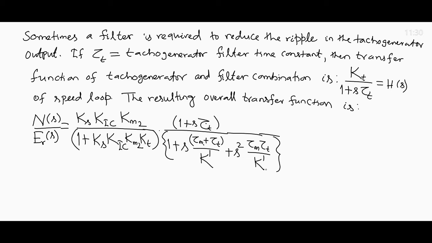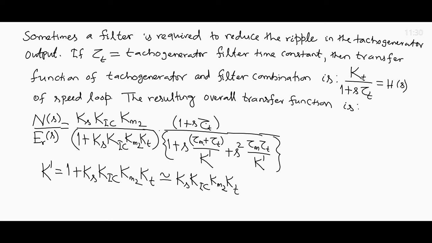Tau t is the tacho generator filter time constant, and this K superscript 1 is the constant given by 1 plus Ks speed controller gain, KIC current loop gain, Km2 that is gain of the NS by IAS, and the tacho generator gain Kt, and this is nearly equal to Ks KIC Km2 into Kt.